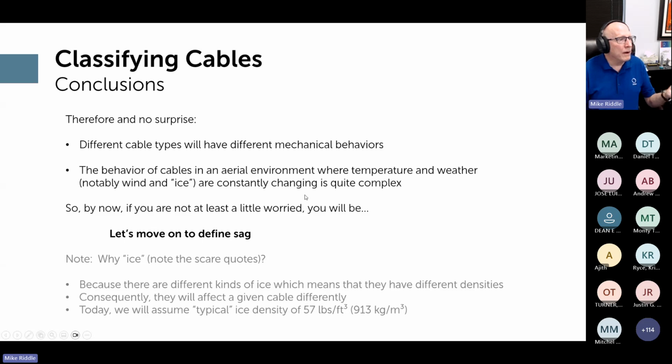So consequently, the different cable types are going to have different mechanical behaviors. And the behaviors of cables in an aerial environment, where the temperature and weather, meaning wind and ice, are constantly changing, is quite complex. So all of this may seem kind of simple so far.